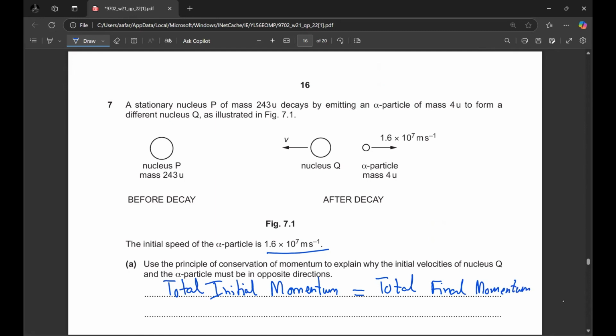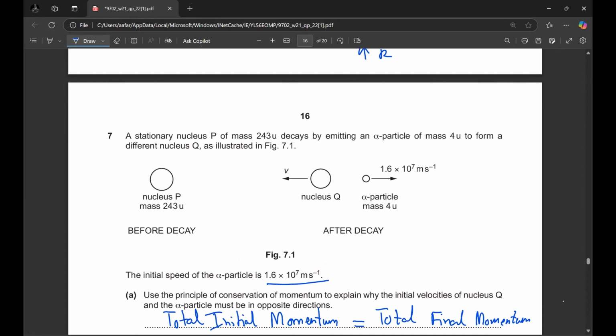Now, if you look carefully, before the decay, nucleus P is stationary. That means it has a velocity of zero. So if it has zero velocity, that means its momentum, which is mass times velocity, is also zero for P. And we just said that the final momentum should be equal to the initial momentum.